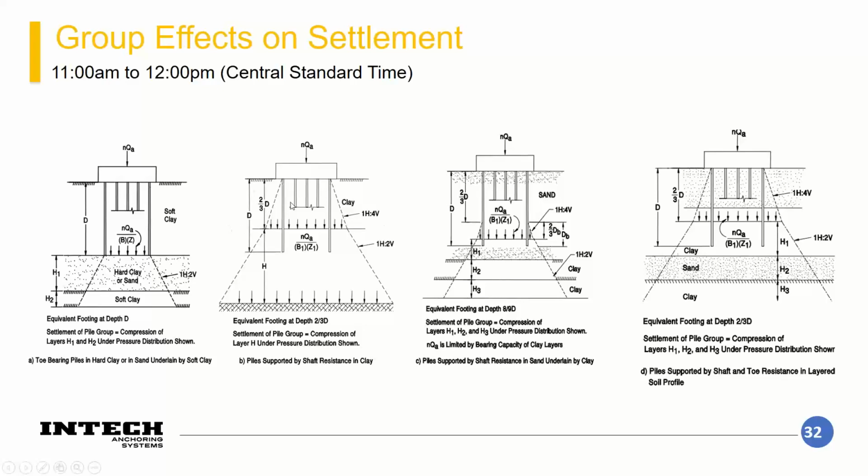So when you've got additional skin friction, the width of your equivalent footing will increase. If you can get more precise with your settlement estimation, it's always going to be better. So if you know what these conditions are and can appropriately pick one of these, then you're going to have a more accurate estimation of settlement.